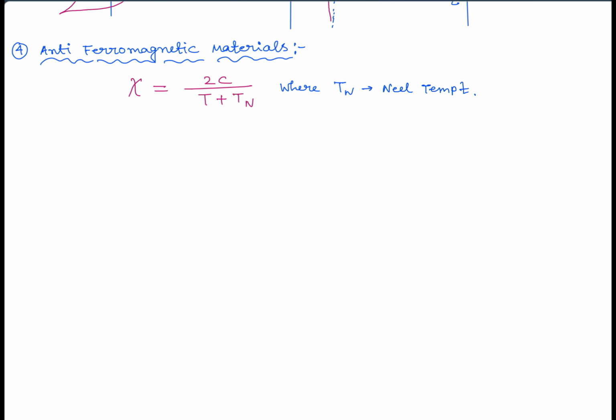When the material is below the Néel temperature, it behaves like antiferromagnetic. But when the material is placed above the Néel temperature, it behaves like paramagnetic.